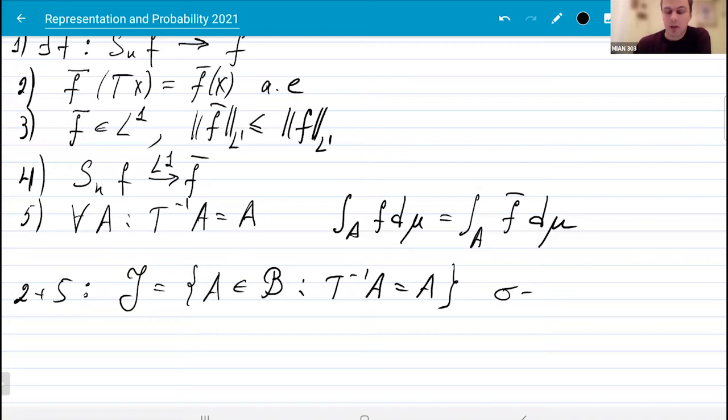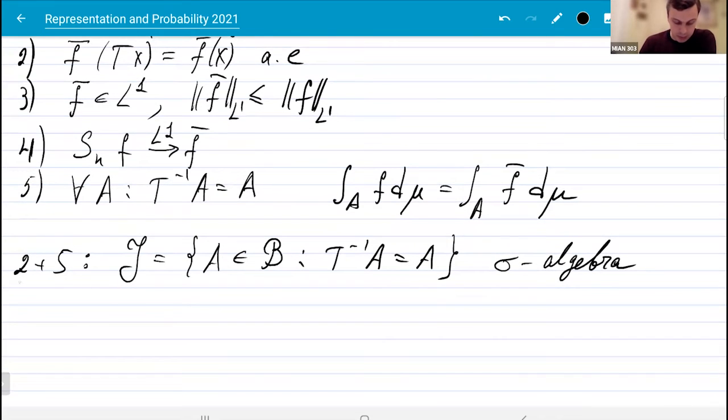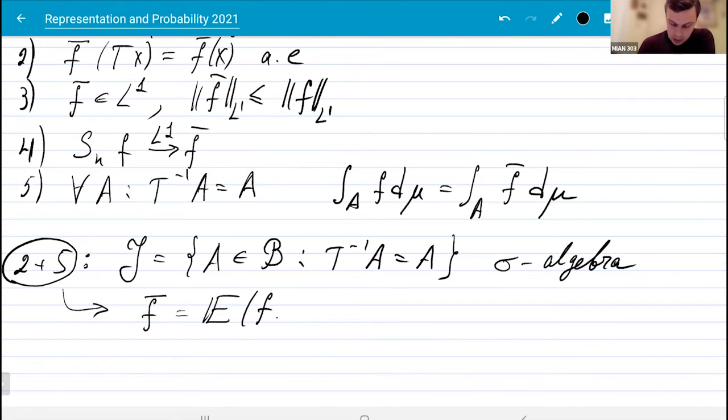You just see that if you, for example, take the complement of the intersection of two such sets, then it is again an invariant. And for the countable union, it is the same. So this is a sigma algebra of invariant sets. And then 2 plus 5 just says that the function f bar is the conditional expectation of f with respect to this sigma algebra.